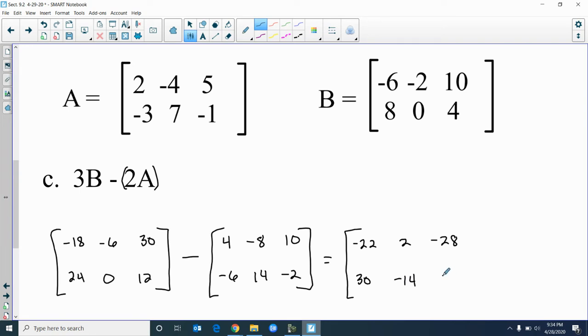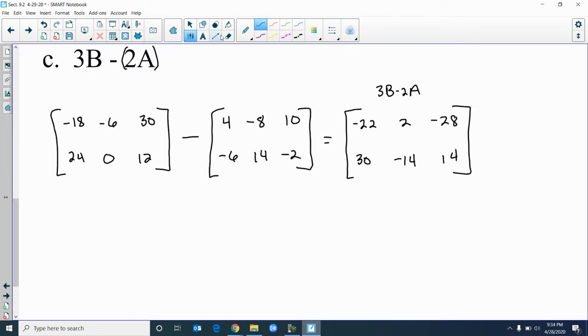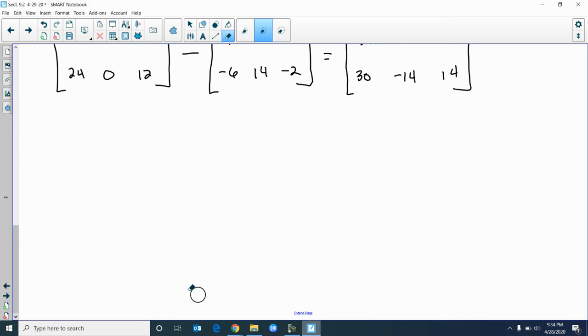And 12 minus negative 2 gives me positive 14. So I got 3B minus 2A. This matrix would be my answer. All right. Erase this down here.